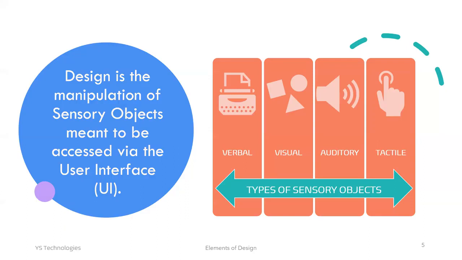The interface could be a screen, or it could be a control panel, or whatever. Now, what is not contained within this framework here is, say, a design of something like a process.